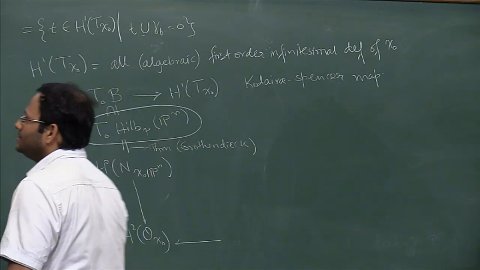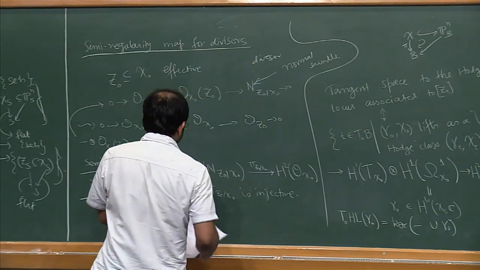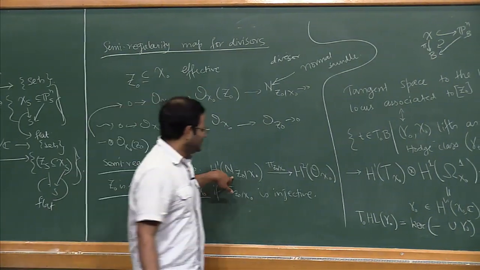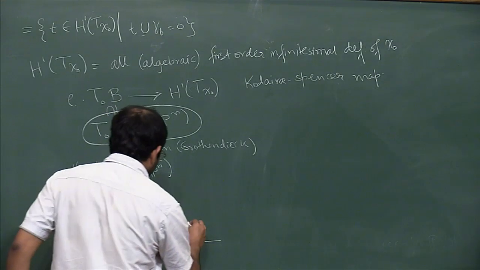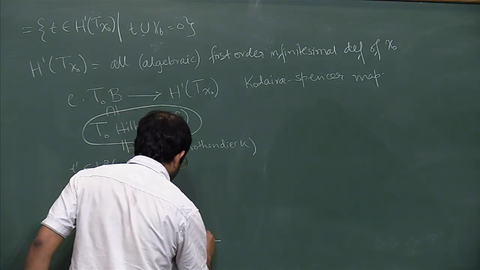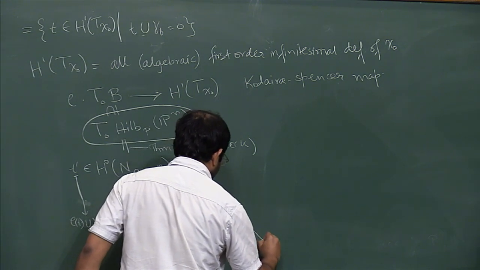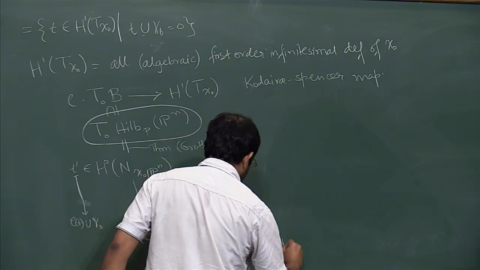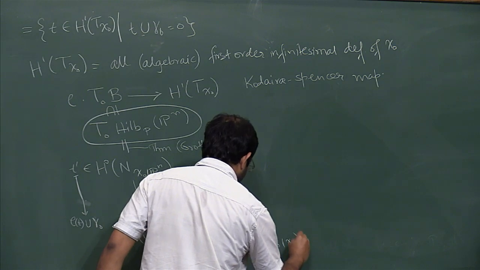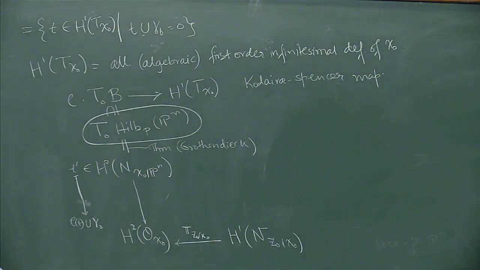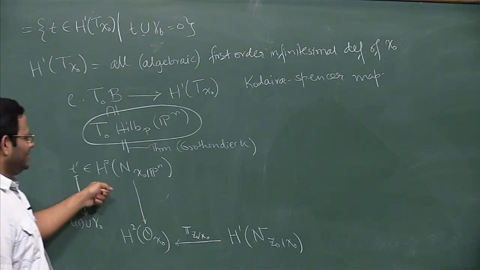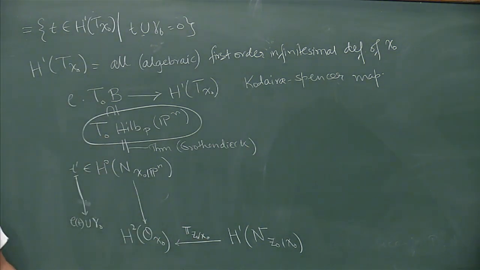So, here, now here, I have a semi regularity map. Yes. Now, I just need to go from here to here, and that is not hard.